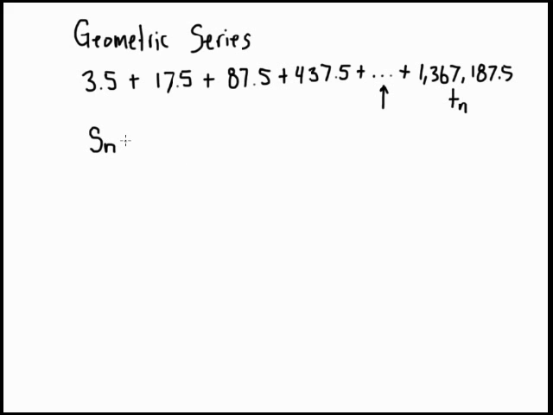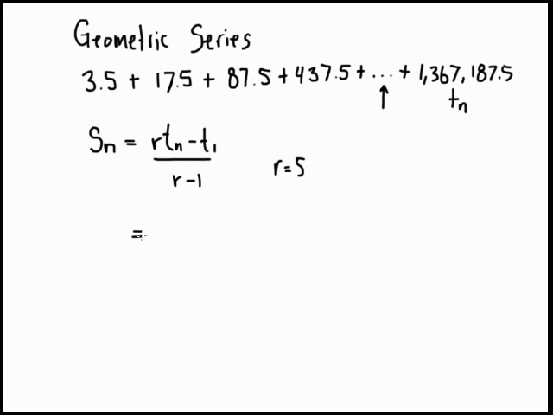Sn equals r times term n minus term 1, over r minus 1. And r is still equal to 5. Term 1 is 3.5. Term n is that number.